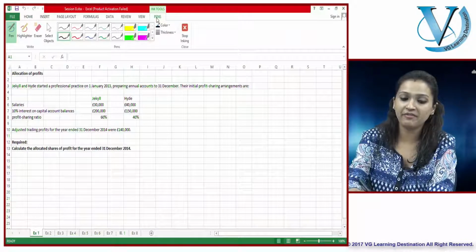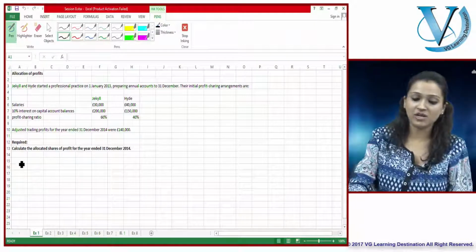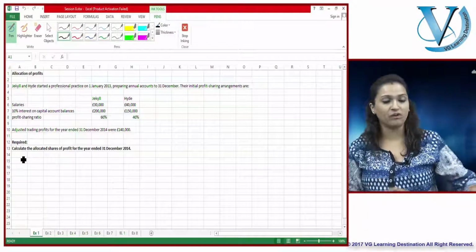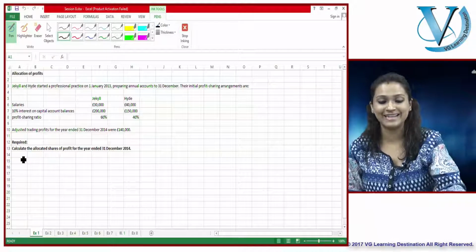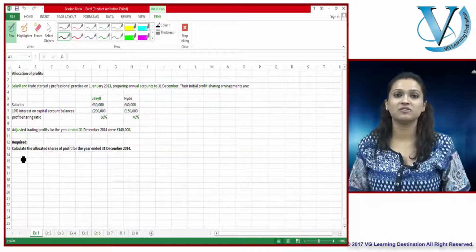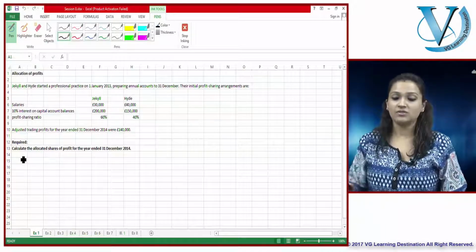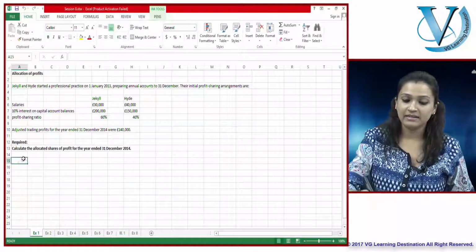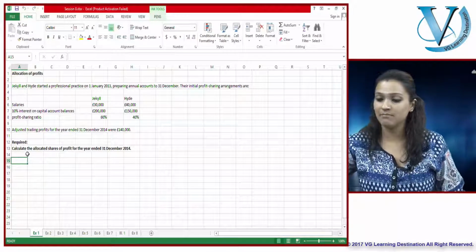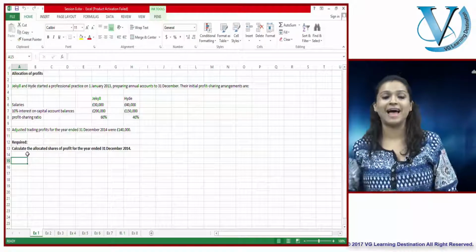So what we've been given? We've been given adjusted profits, we've been given the profit sharing ratio, we've been given salaries, we've been given 10% interest on capital as well. So now let's have a look at allocating all of these amongst the two partners, Jekyll and Hyde.